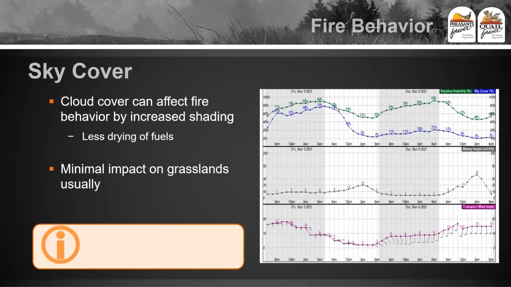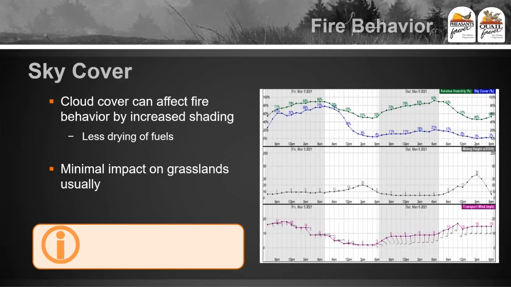Sky cover, cloud cover, can affect fire behavior basically by increased shading on our fuels, which gives less drying of fuels. This can have minimal impacts on the grasslands that we're typically burning, but early in the season, like right now, if we're burning oak woodlands, it's really interesting: when one cloud starts shading out that sun, our fire just dies on us.